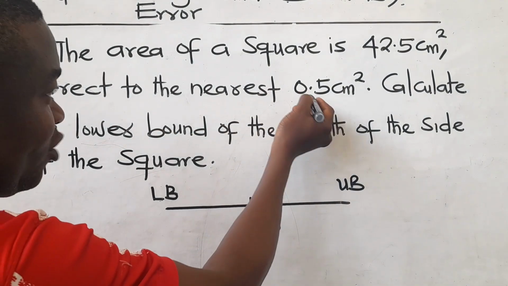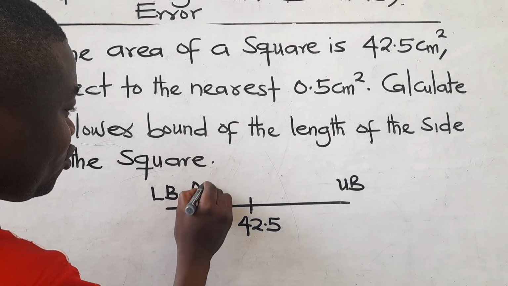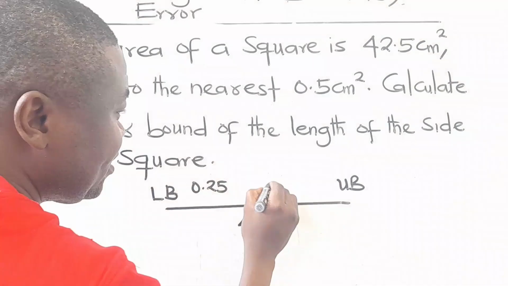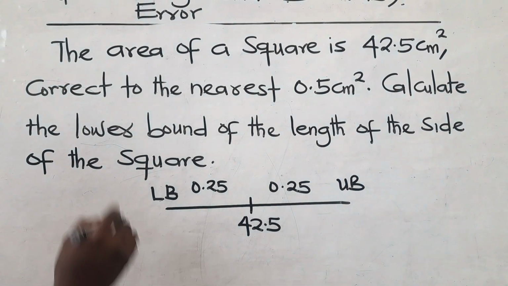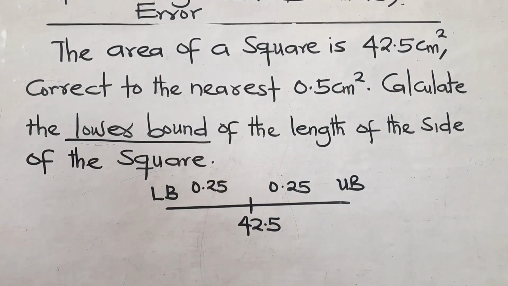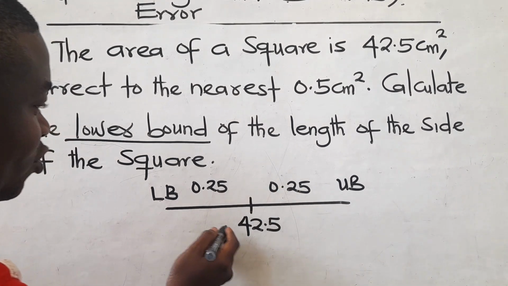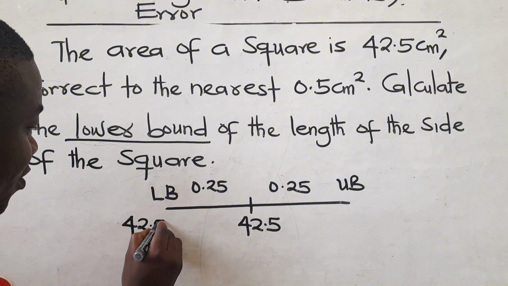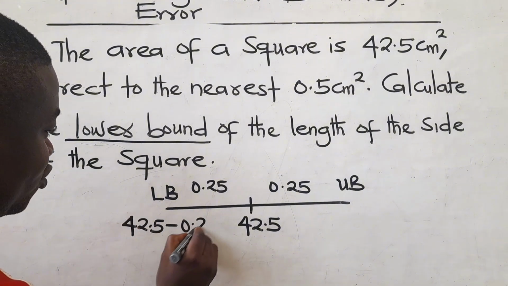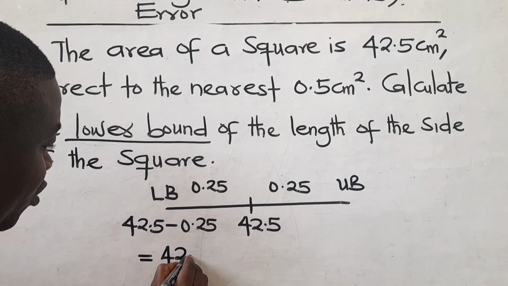If you divide 0.5 into 2, you have 0.25 and 0.25. So we were asked to get the lower bound. We're going to use the lower bound. So this is 42.5 minus 0.25, which will give us 42.25.